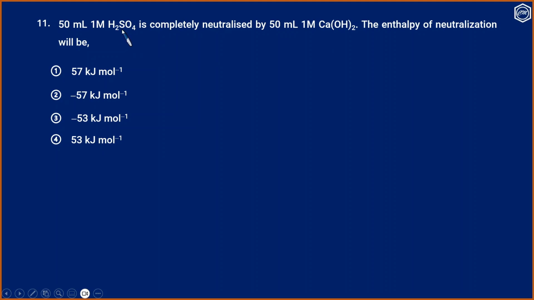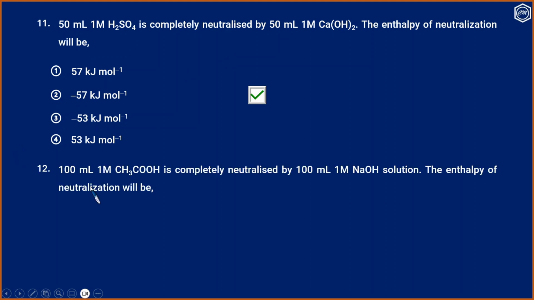Sulfuric acid is a strong acid and calcium hydroxide is a strong base. The enthalpy of neutralization should be 57 kilojoules per mole, and since delta H is negative, the correct answer should be minus 57 kilojoules per mole.